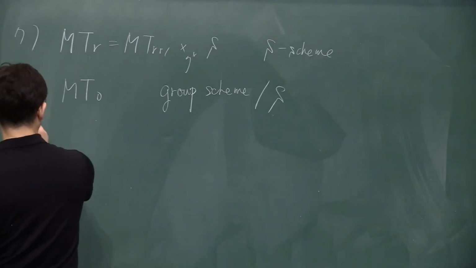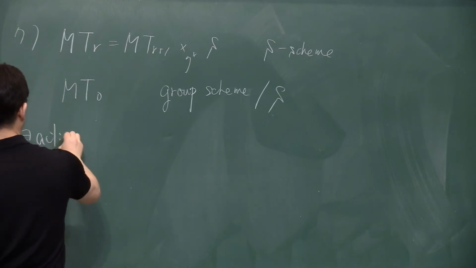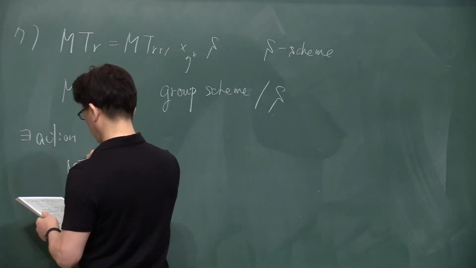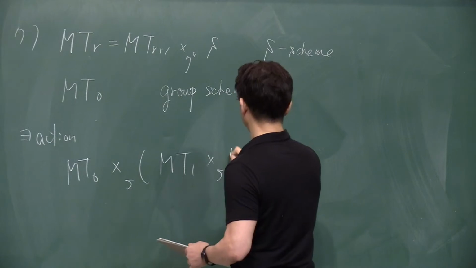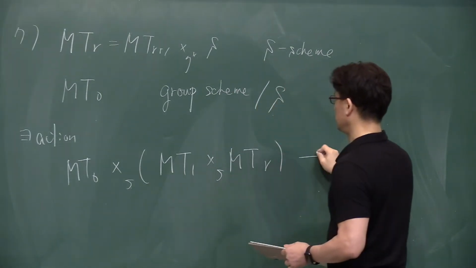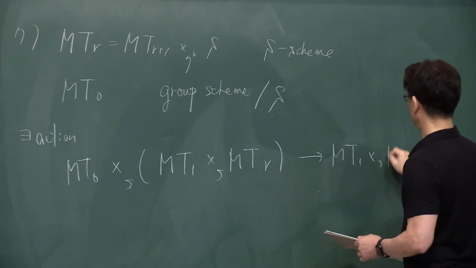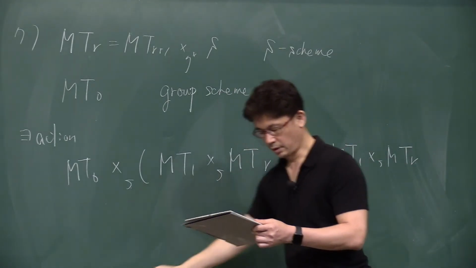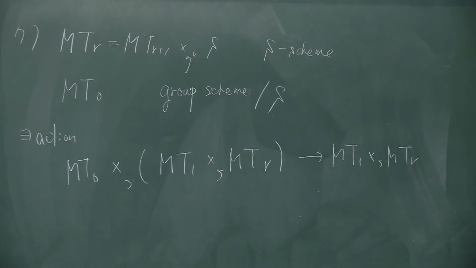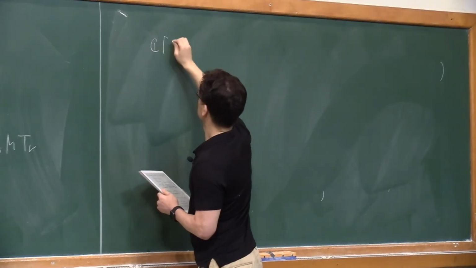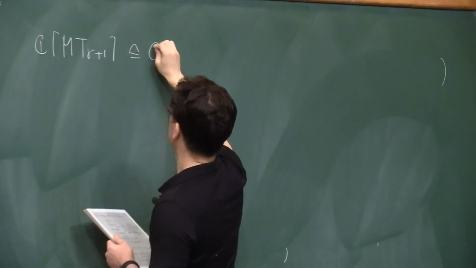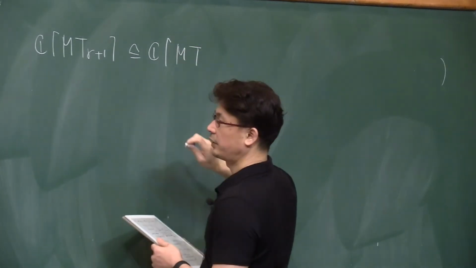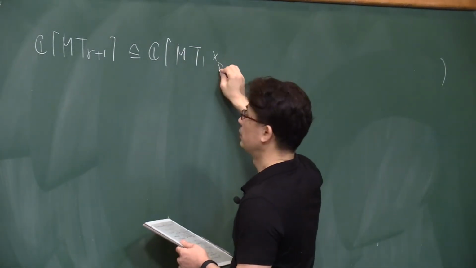So in order to do that, you consider the action of the group scheme on the product of MT_1 and MT_R. Then one can show that the functions on MT_{R+1} are isomorphic to the invariant part of this group scheme action.